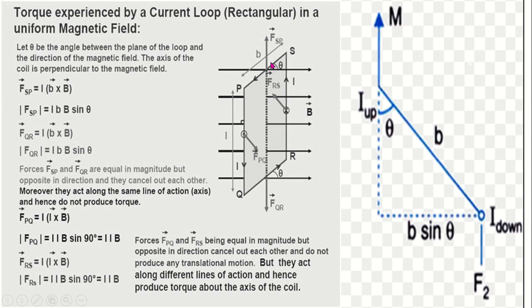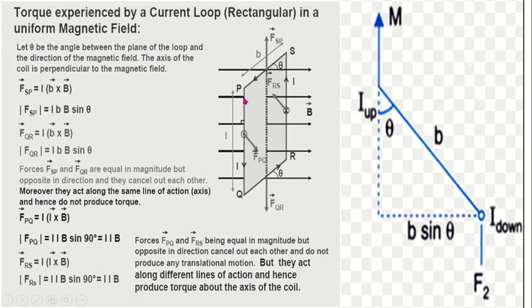One force acts in the upward direction and another in the downward direction, so they cancel each other, and these two forces act along the same straight line, the same line of action, and hence do not produce any torque. That means for these two forces there will be no torque.